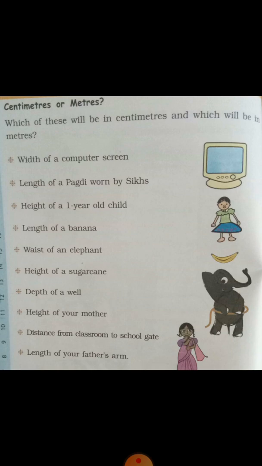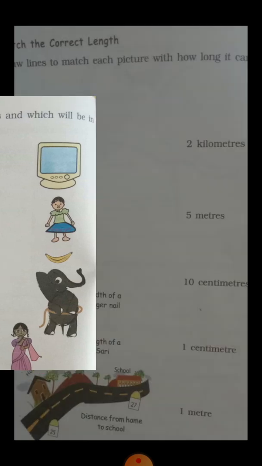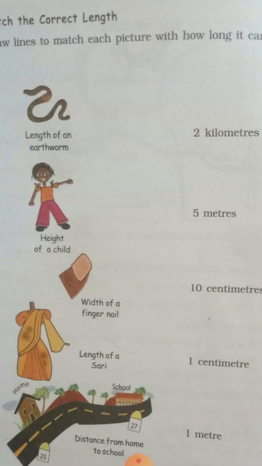Width of the computer screen, length of a pagdi worn by Sikhs, height of a 1-year-old child, length of a banana, waist of an elephant, height of a sugarcane, depth of a well, height of your mother, distance from classroom to school gate, length of your father's arms. You have to tell which unit we will use to measure the length, height or width of these things, centimeter or meter.